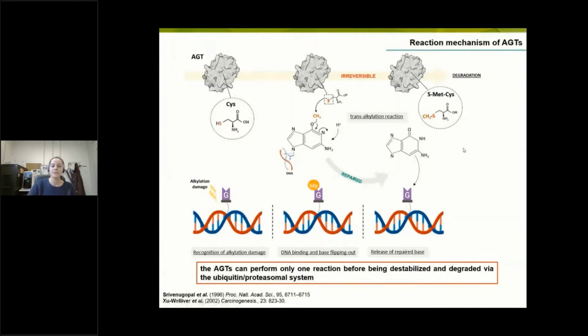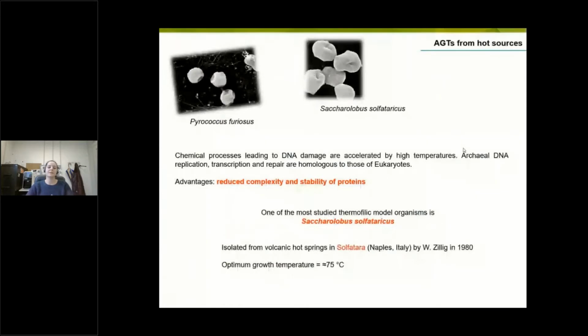But since the DNA repair systems are conserved through evolution from bacteria to human, and since the chemical processes that lead to DNA damage are accelerated by high temperature, we can find homologous activity in hot sources, and in particular in thermophilic model organisms.